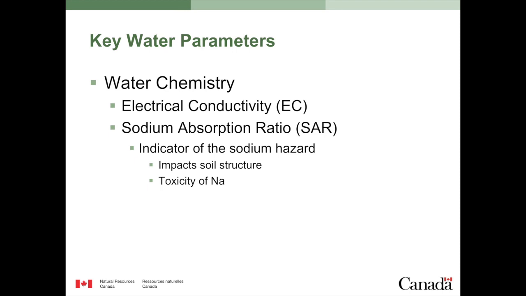So if you're going to take high SAR water and put it on good soil, eventually you could damage that soil unless you manage it. You have to manage it a lot more closely, letting the soil rest, or really flooding the soil and letting precipitation then take some of the salts deeper into the soil profile. There are ways of managing this. SAR has to be less than 9, otherwise you will not be allowed to irrigate.